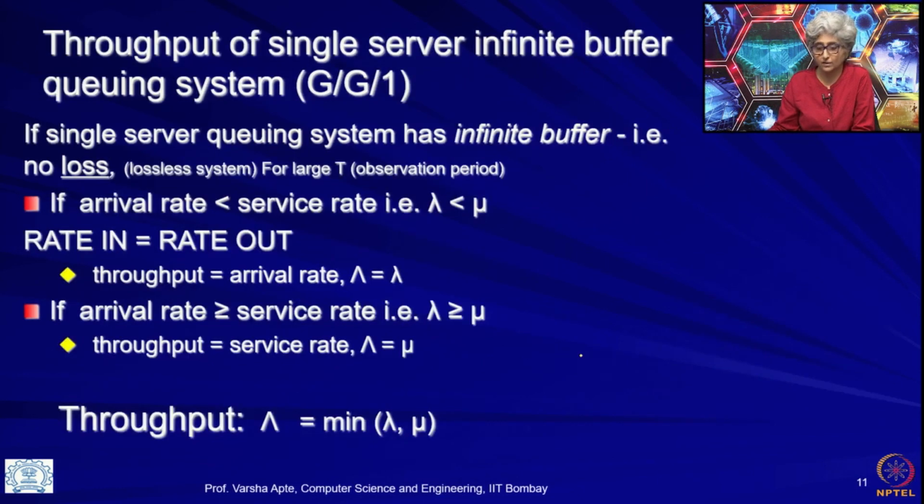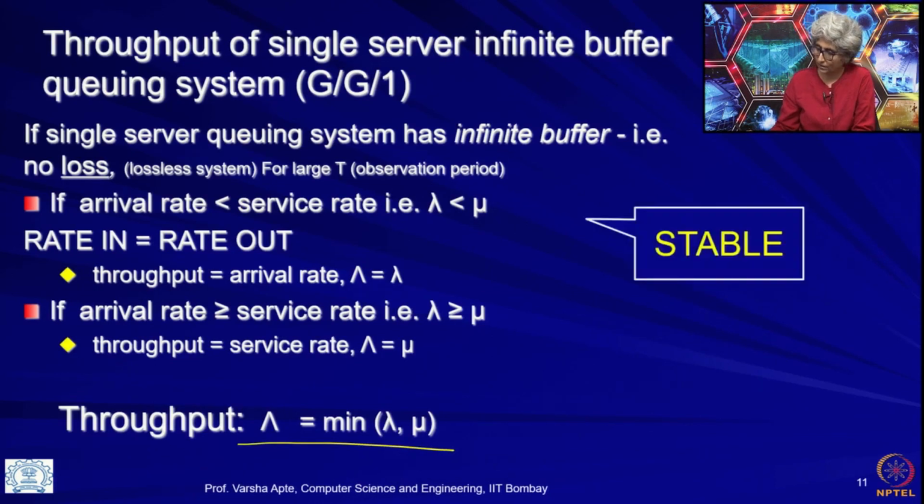Then we have G/G/1, remember we derived this: throughput is equal to the minimum of lambda and mu. Some of these things, like rate in equals rate out, hold for the condition lambda less than mu, and when a queuing system satisfies this condition, it is called stable.